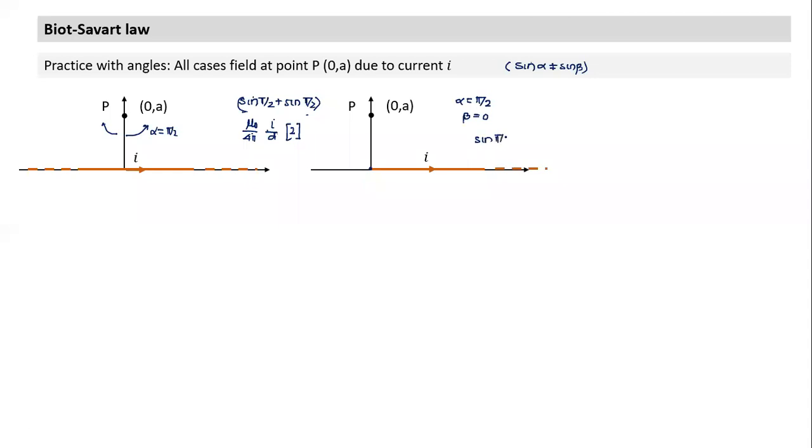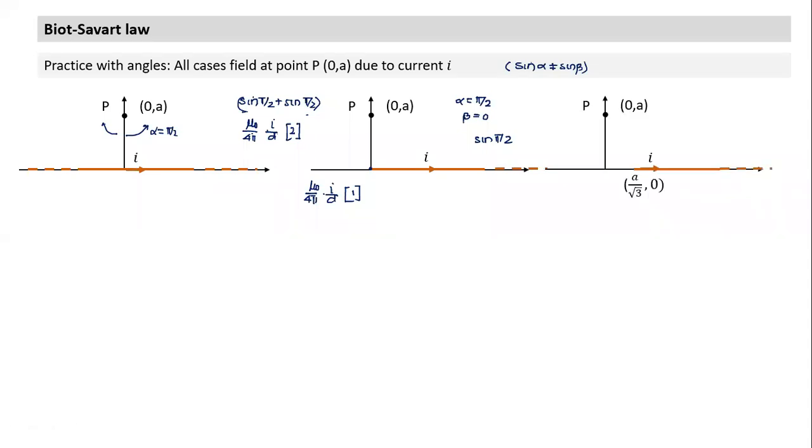So what will be my formula for semi-infinite wire? It will be mu naught by 4 pi, constant part, into I by distance, into sine of alpha plus sine of beta. Sine beta is 0, so it will be into 1. And it will be exactly half of this. Which basically means whatever field is created, this part of the wire creates the same field as this part of the wire.